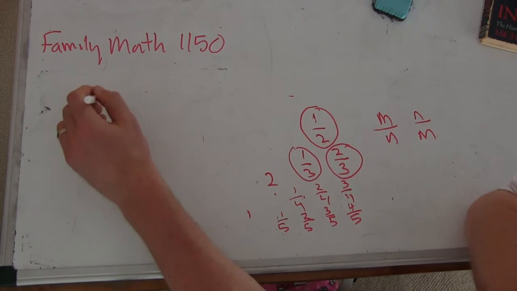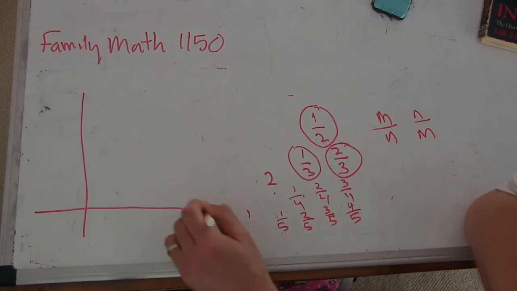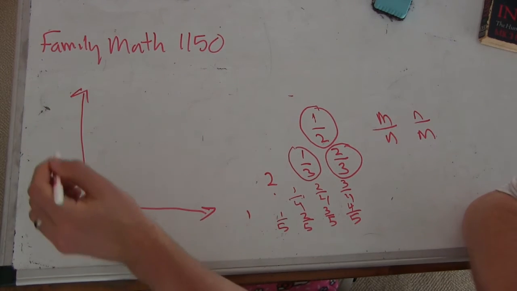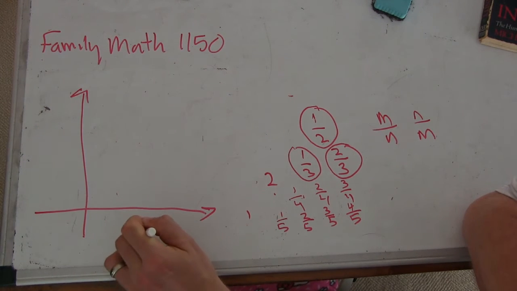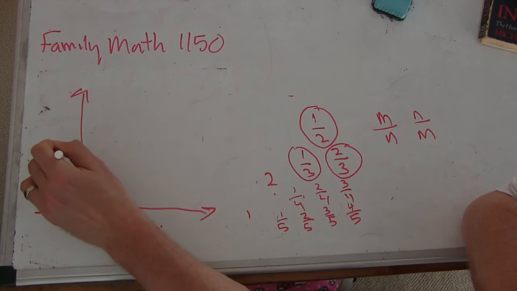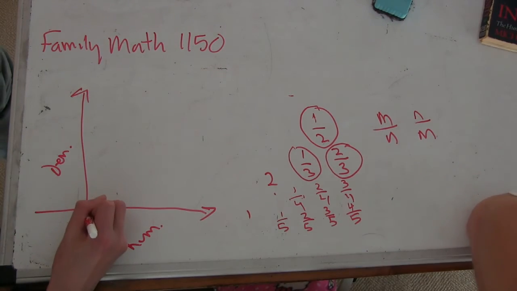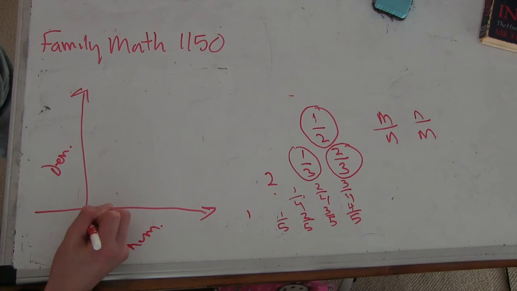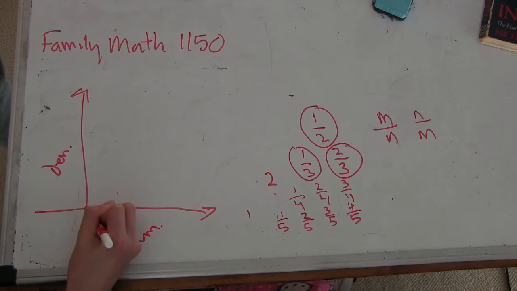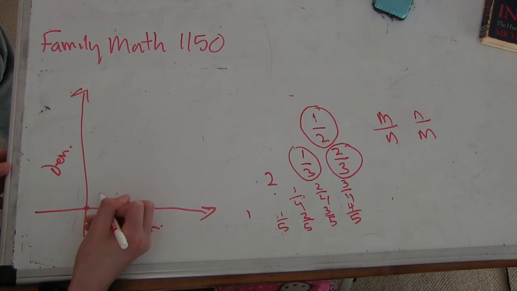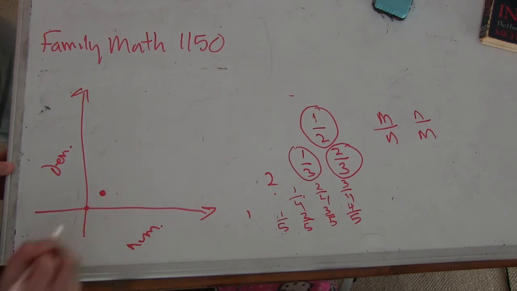So the numerator goes in the x, and the denominator goes up there. You'd start with 0, 0, which is fine. Then start here.